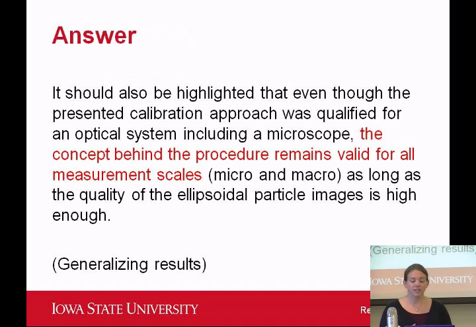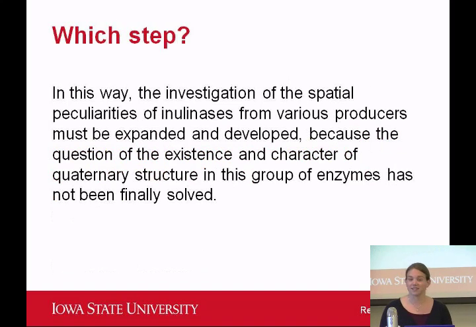The authors here are saying that although their research was done, as they say, for an optical system including a microscope, the concept behind their research remains valid for other things. So they're saying that their results, or in this case their approach, is generalizable to other sorts of systems.